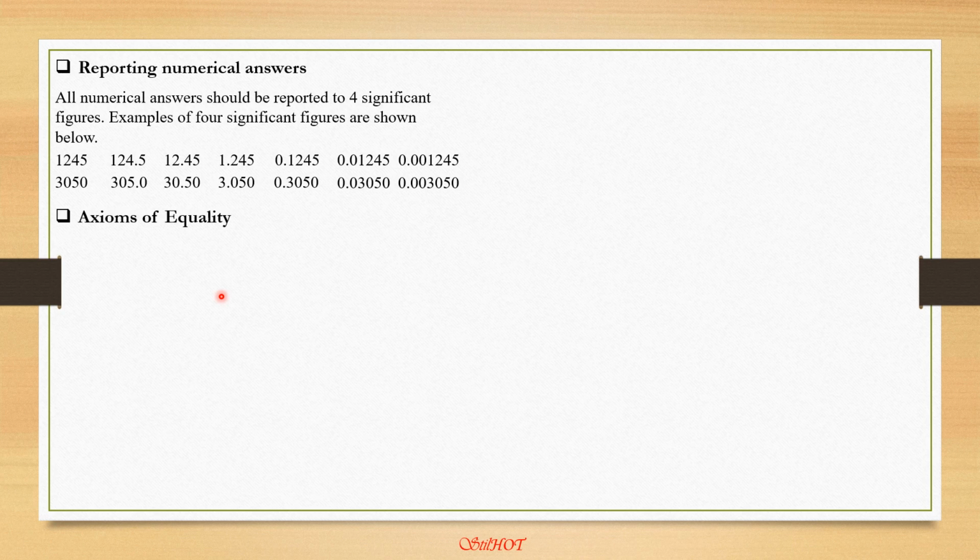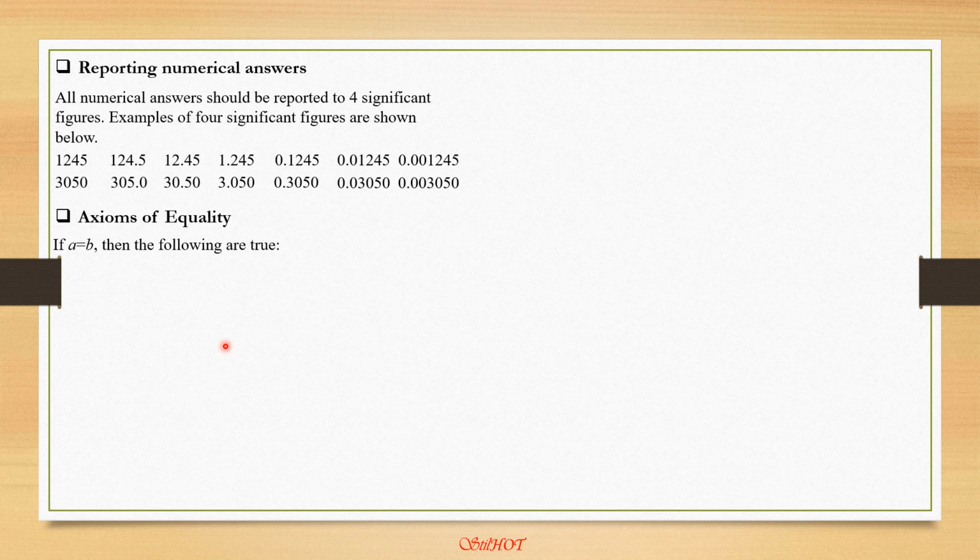So next, this is important from algebra, we have the axioms of equality. Of course, this is applicable for real numbers because we only consider real values in statics. If A is equal to B, then the following mathematical statements are correct or true.